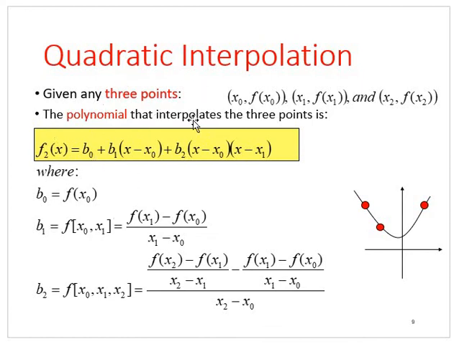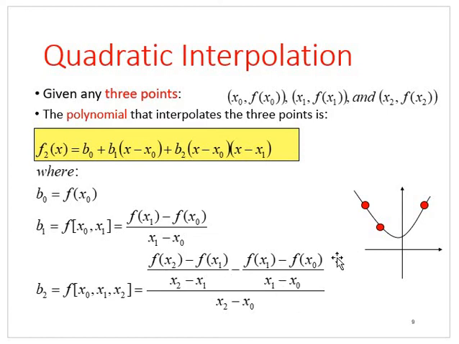And then for quadratic interpolation, you have got 3 points that you are given, and then you get your polynomial in the form b naught plus b1 x minus x naught plus b2 x minus x naught, x minus x1, where b naught is f of x naught, and then b1 is your gradient. b1 is your gradient evaluated there, and then b2 is the difference between the gradient at these 2 points.